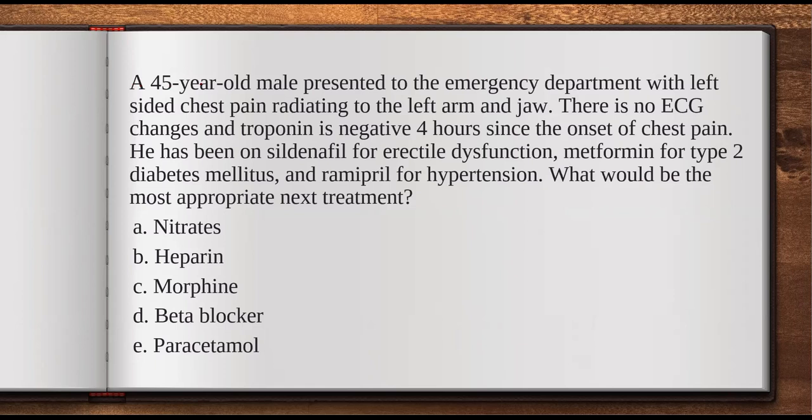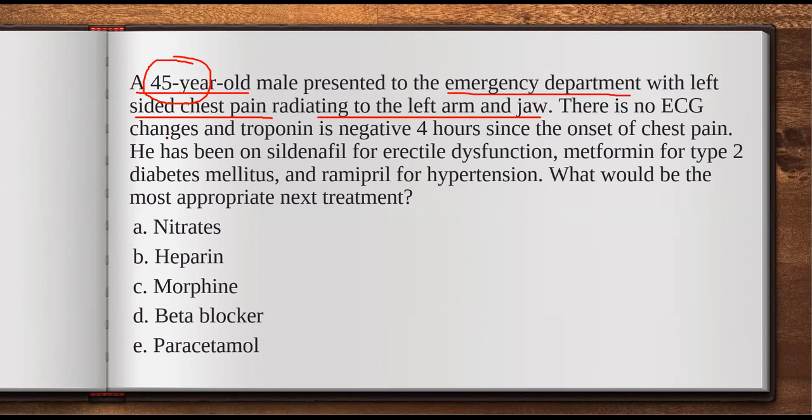The next one: a 45-year-old male presented to the emergency department with left-sided chest pain radiating to the left arm and jaw. That's pretty much the feature of myocardial infarction or angina.